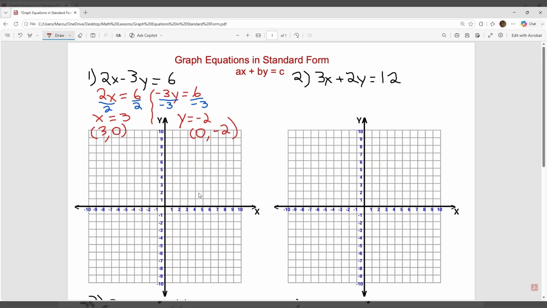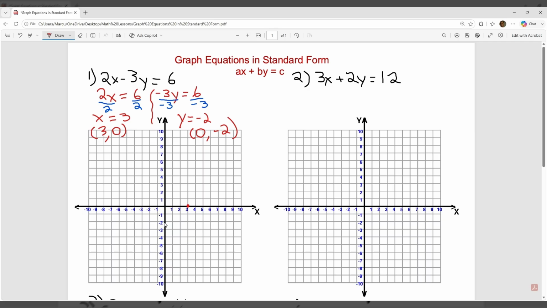So your next step is to plot those 2 points in your grid. So 3, 0, that means you're going to go right here. So your x-intercept, you graph that on your x-axis, and the y-intercept, you graph that on your y-axis.